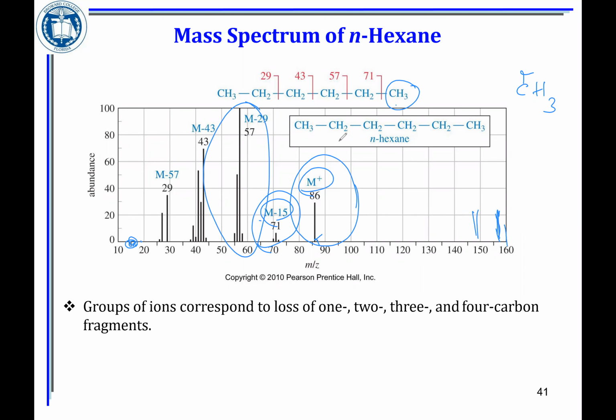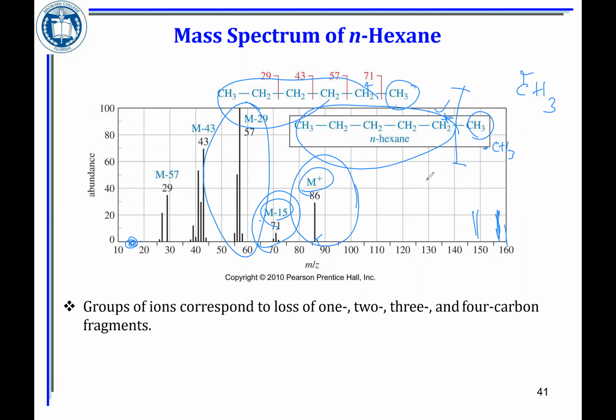Like in this case, why is 71 not the base peak? Because when 71 forms, this part is stable, but the free radical that is forming here is not stable. And because the piece that is left out is not stable, it is not very popular.